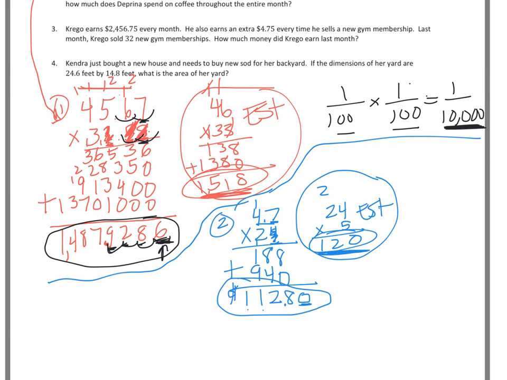Now, without my estimation, I know that I was working with tenths right here, and I had nothing down at the bottom. So my answer has to go to tenths. And actually, I could say the smallest place value I'm working with is ones.